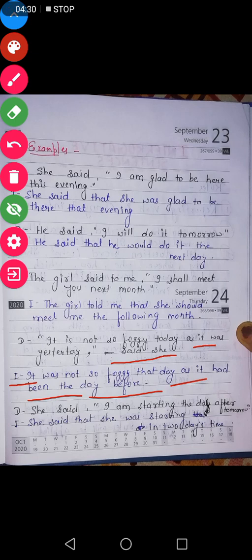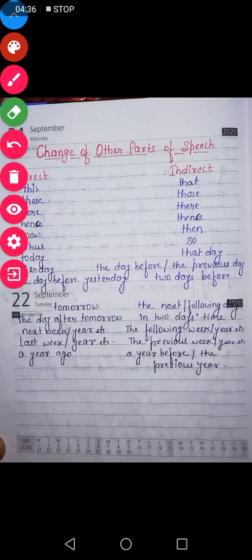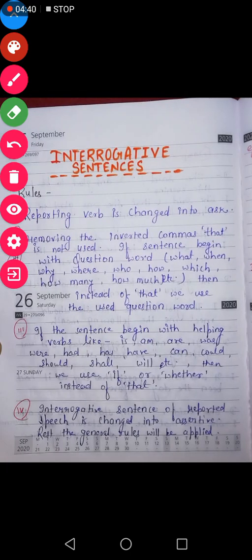So in this way we have understood how we change the other parts of speech into indirect speech. Let us start our special rule with a special sentence that will be called interrogative sentences. Do you know, students, what an interrogative sentence is?